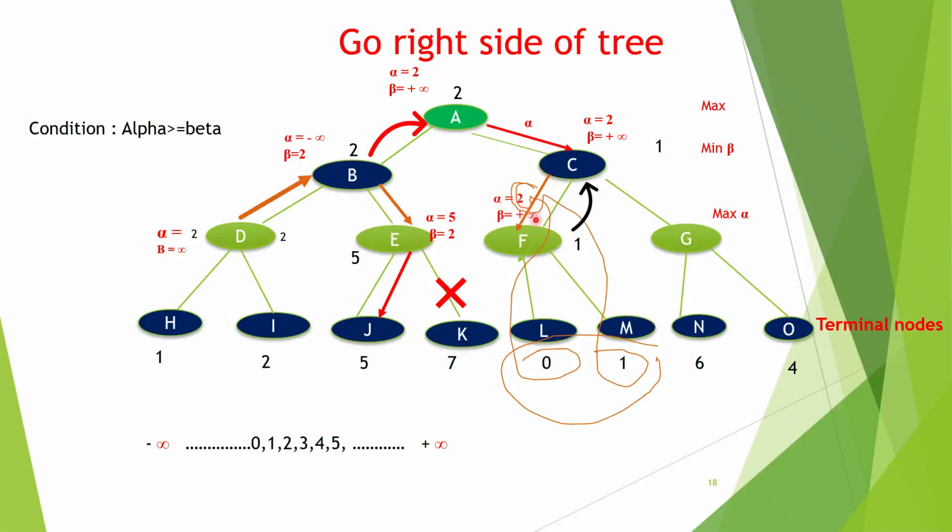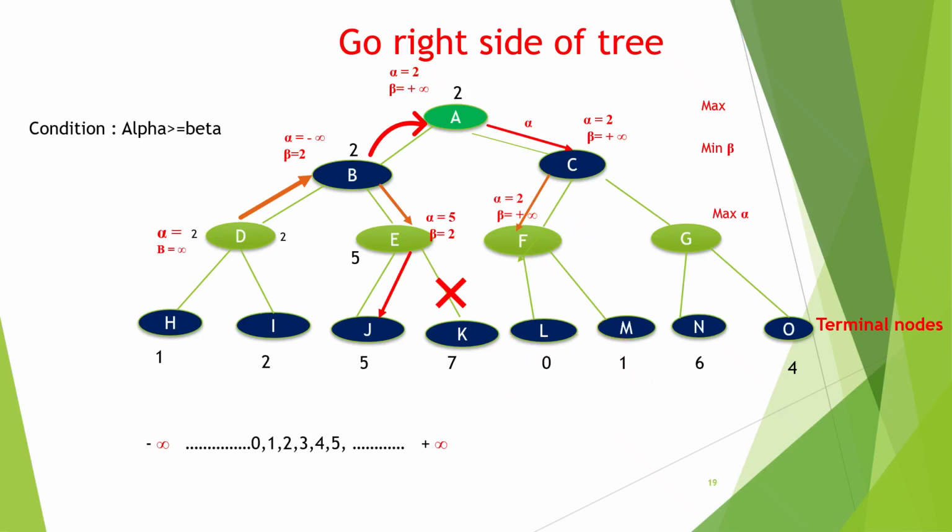Then compare 2 with the utility value of M, which is 1. Again 2 is the maximum, so no change. But we still have to find the node value for node F. Compare 0 and 1. Which is maximum? 1. So 1 is the node value of F.